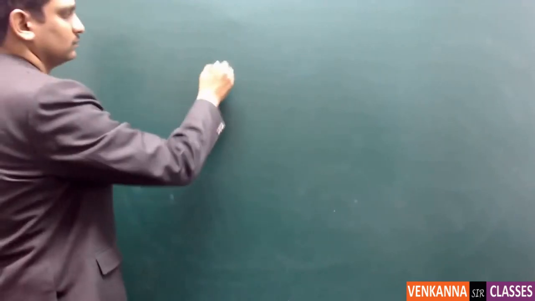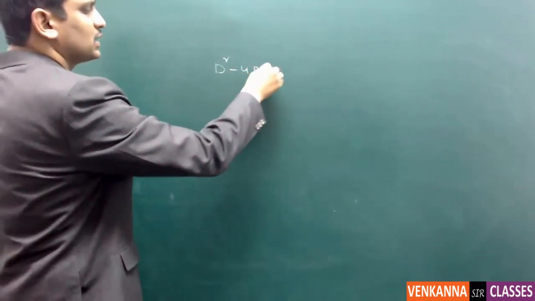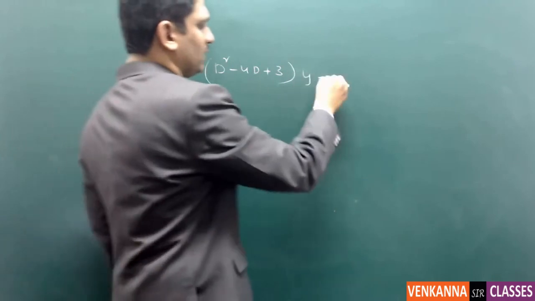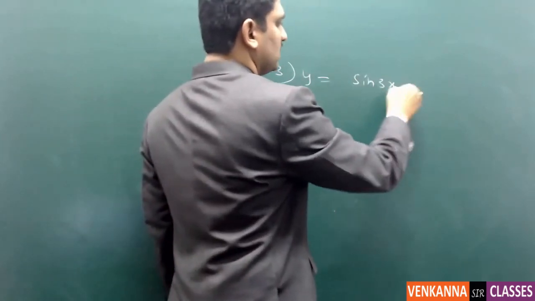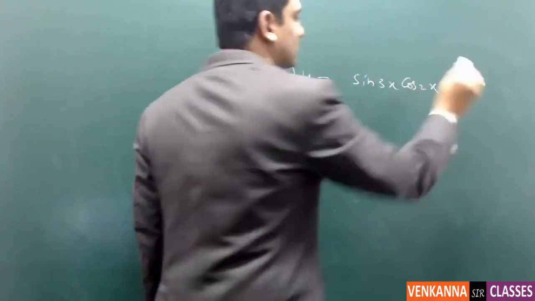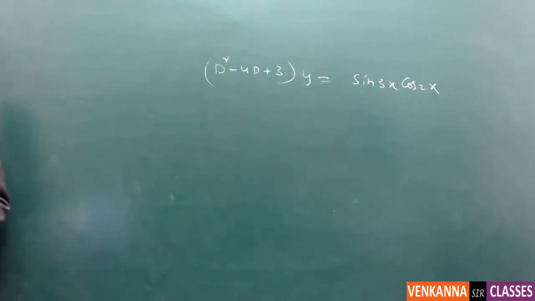So take the model d square minus 4d plus 3 of y is equal to sin 3x into cos 2x. I will describe the procedure and you are going to simplify the solution at the end.